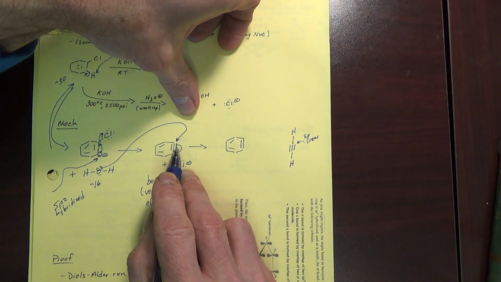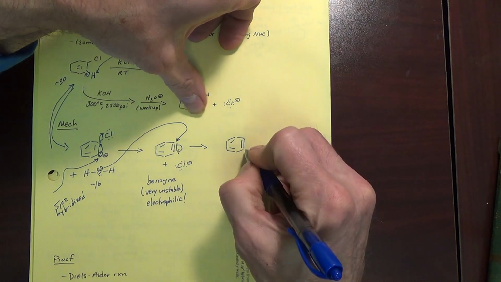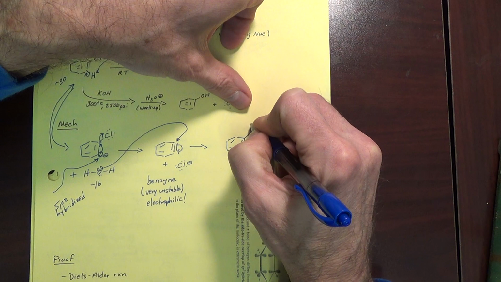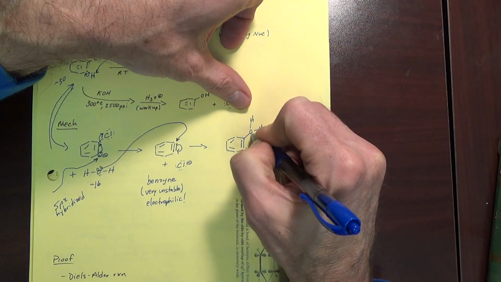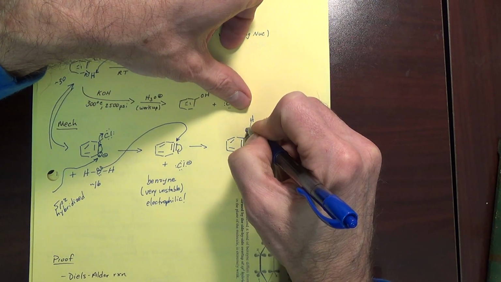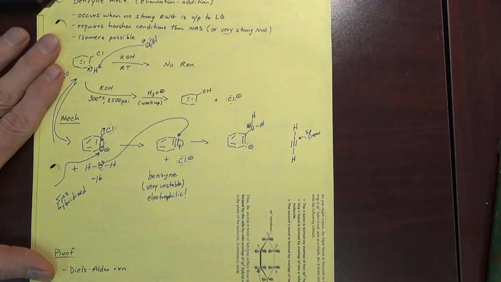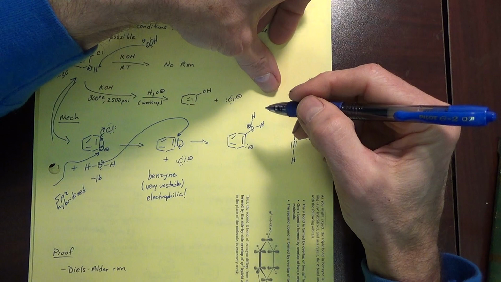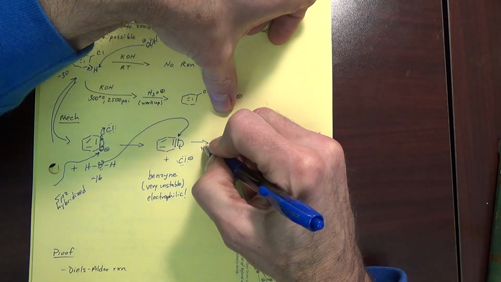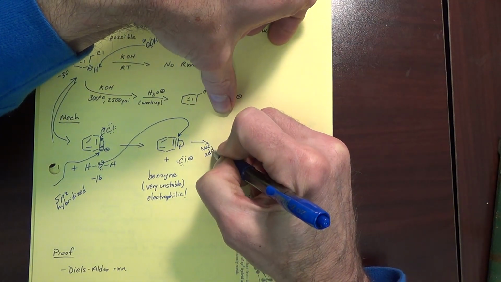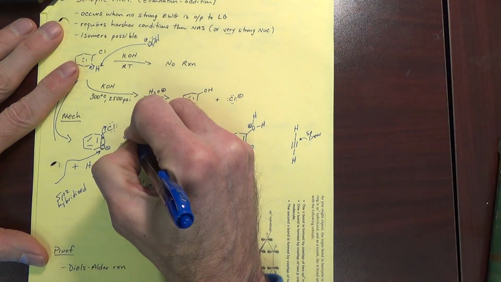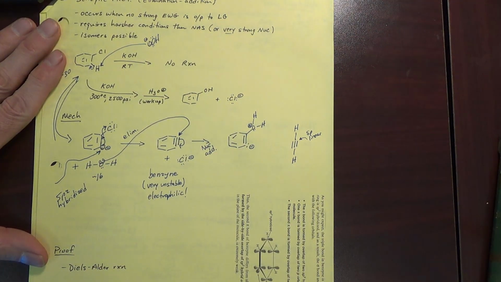The other pi bond gets pushed back onto carbon as a lone pair, and that's a minus. And now we have an oxygen with H and H, and that's a plus. And so this was nucleophilic addition. By the way, back over here we did an elimination of the leaving group.